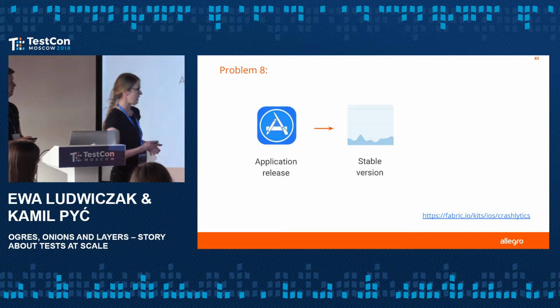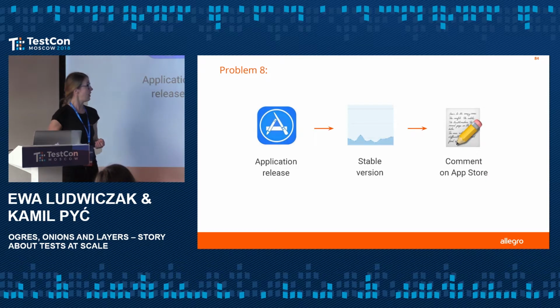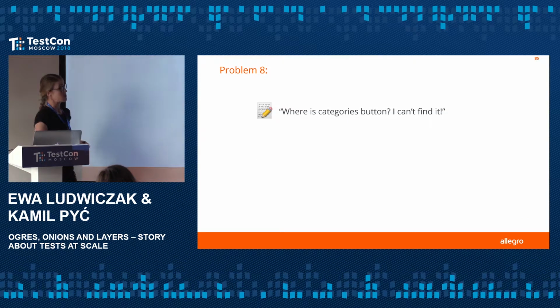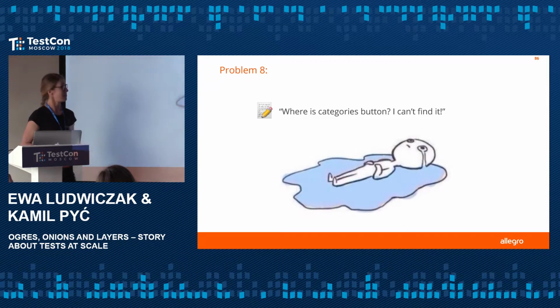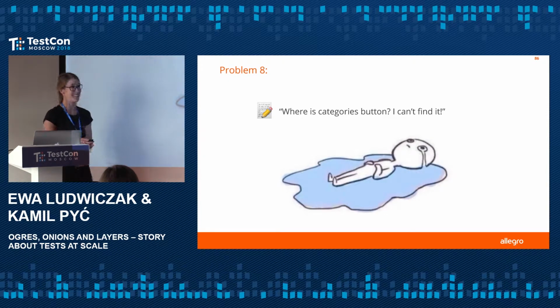It's produced by Fabric, and it just gives you information about application stability. But then we saw comments on the App Store saying, "Where's the categories button? I cannot find it." Of course, we were very sad because we thought that the change we introduced would be enjoyed by the users. Apparently, it wasn't, because the users could not find the button.